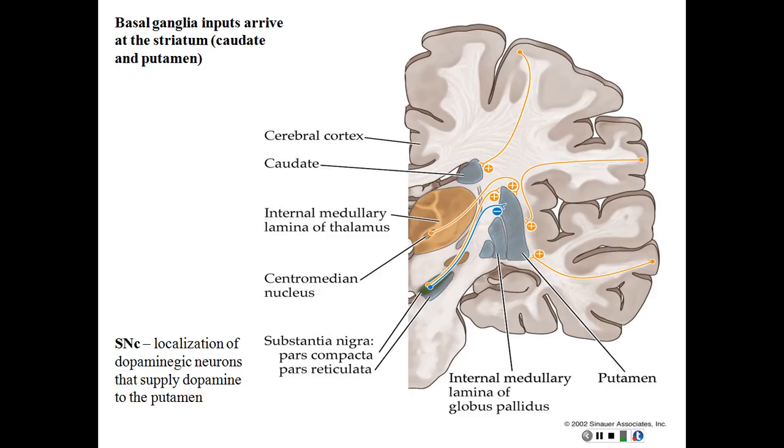So these dopaminergic neurons send axons to the globus pallidus, to the striatum, and they're exerting both excitatory and inhibitory effects. How can one neurotransmitter be both excitatory and inhibitory? What's the one word that has to be put there?